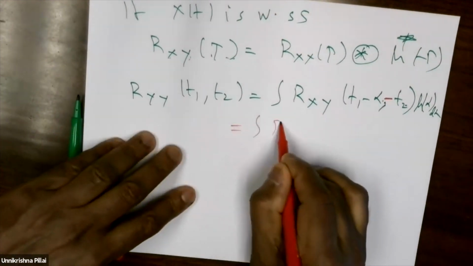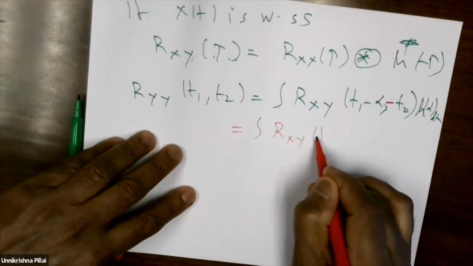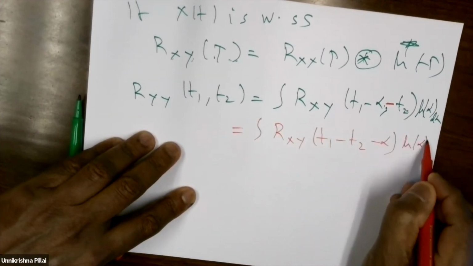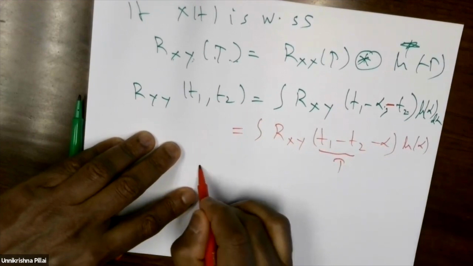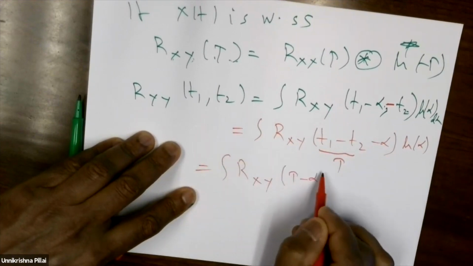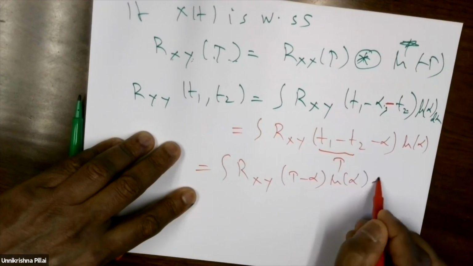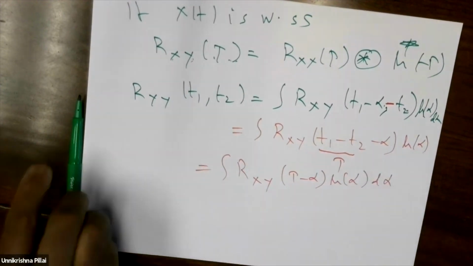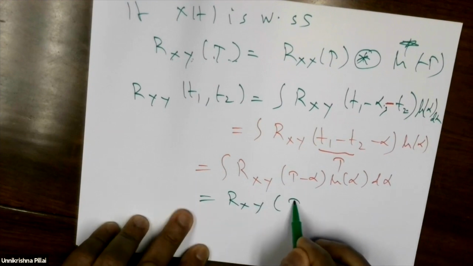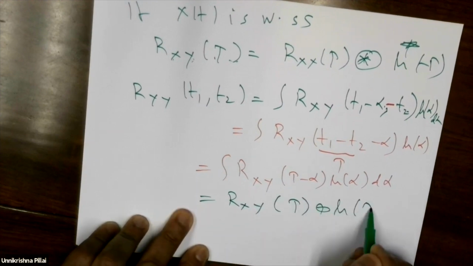Then I can rewrite this as I did in the previous one: t1 minus t2 minus alpha multiplied by h(alpha). t1 minus t2 I'm going to call tau. So this is Rxy(tau minus alpha) h(alpha) d alpha. So that becomes Rxy(tau) convolved with h of tau.